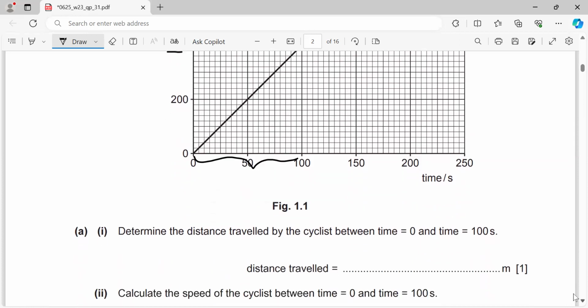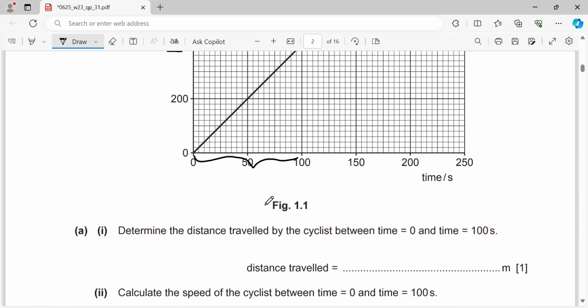So it means the distance traveled is 400 meters.